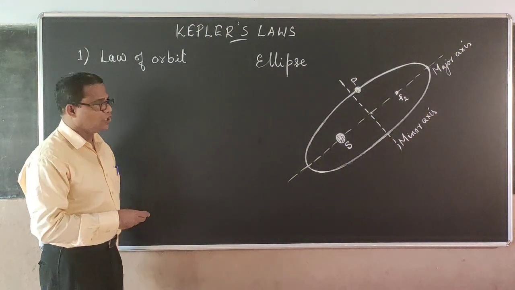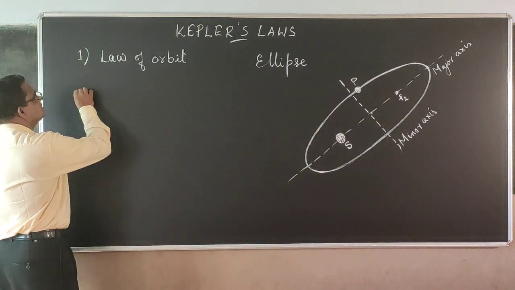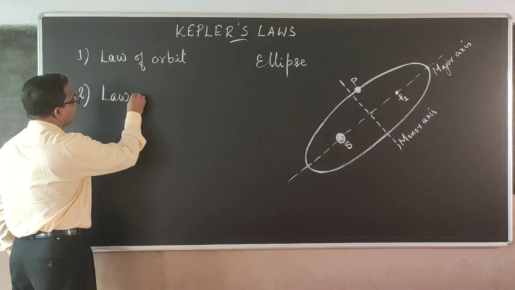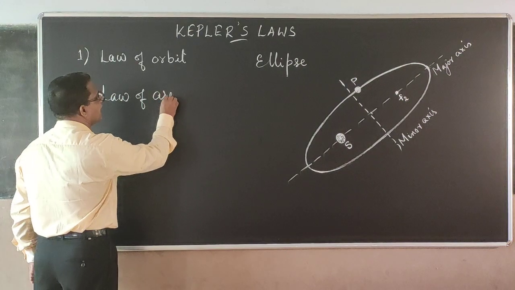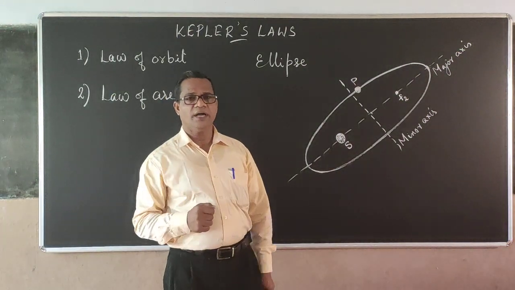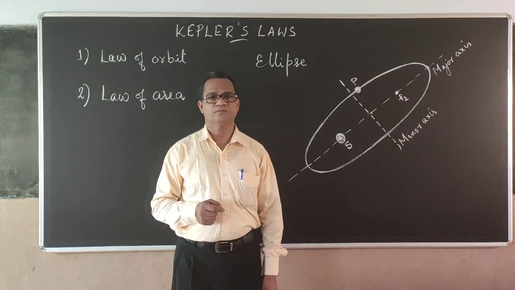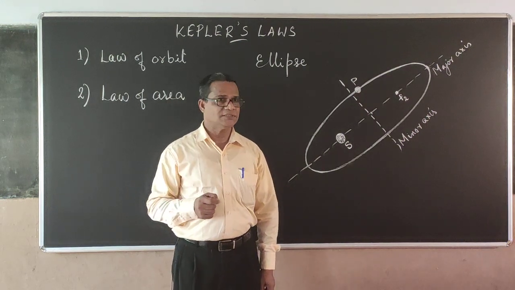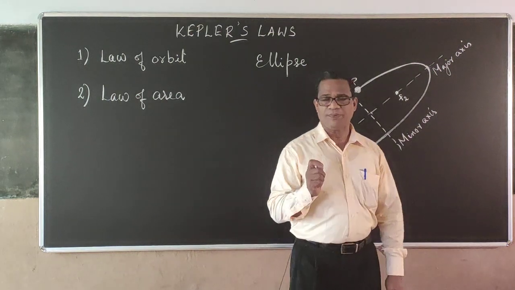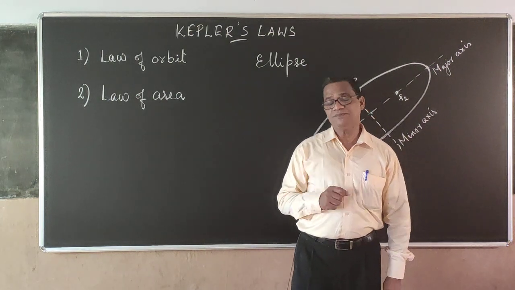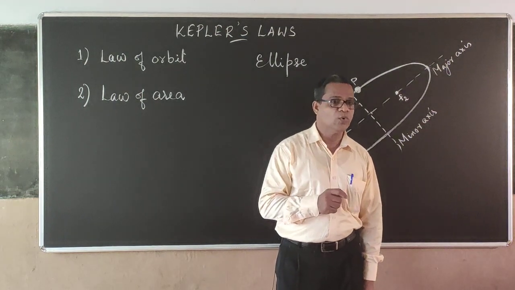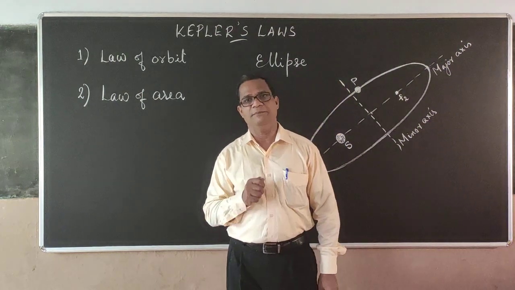Now, the second law. Second law is called law of area. Law of area states that the radius vector drawn from the sun to the planet sweeps out equal areas in equal intervals of time.